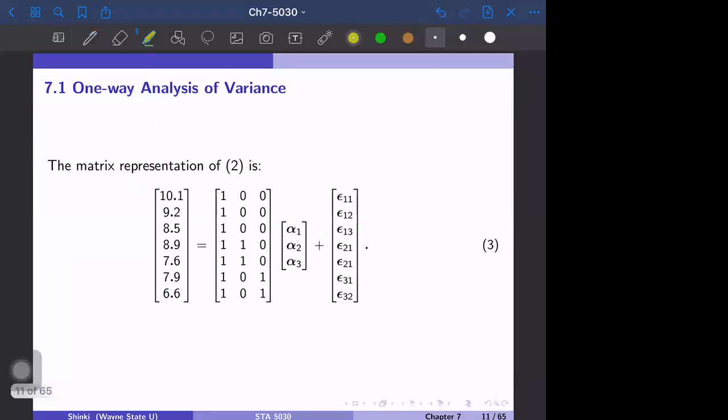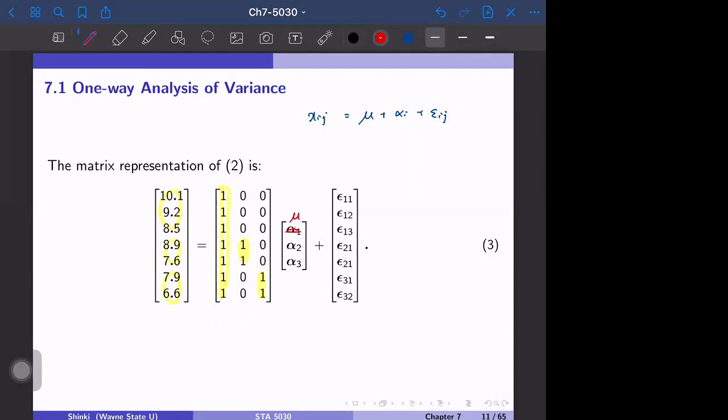So in this model, x_ij is equal to mu plus alpha_i plus epsilon_ij, the matrix representation becomes this. So first group, second group, and third group. The first column is the intercept, and for the second group we have the second column, and for the third group we have the third column. So I think that this should be mu.